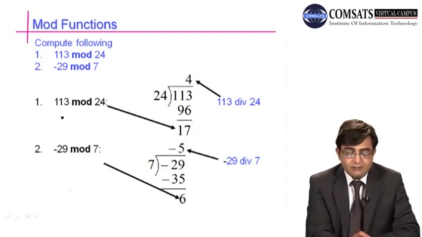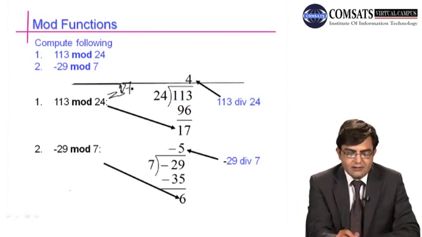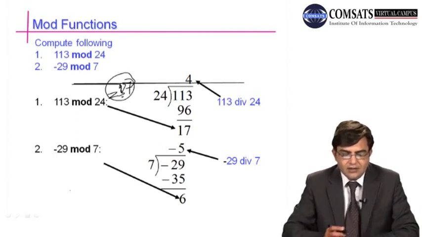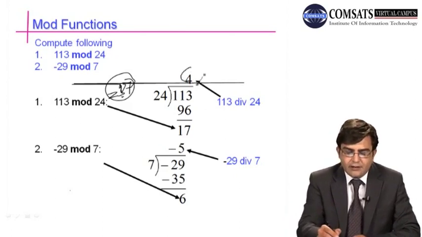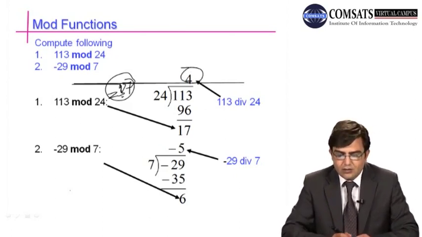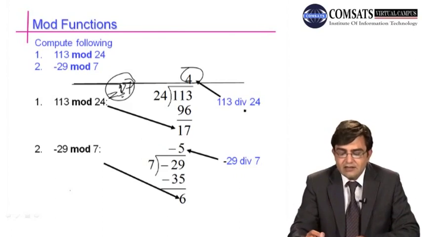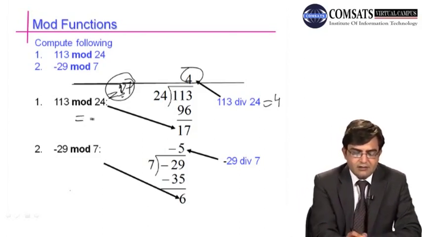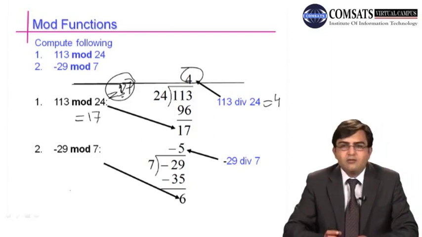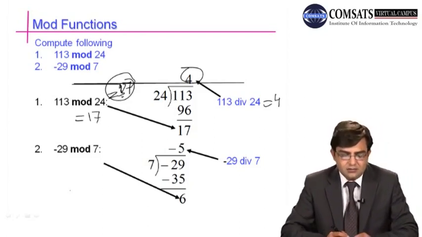So 113 mod 24 is equal to 17. And what is 4 here? 4 is the quotient, and 113 div 24 is equal to 4. And here 113 mod 24 is equal to 17, or we can say this is congruent to 17.